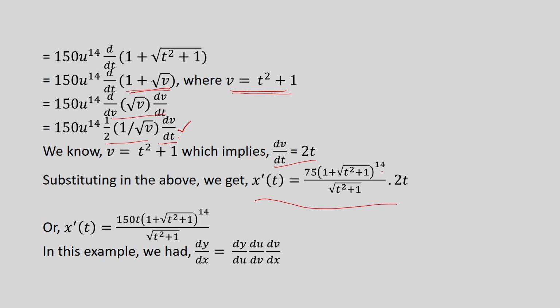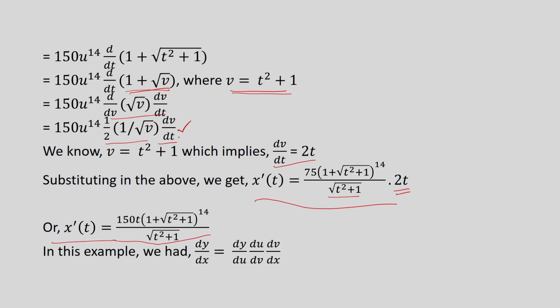So, u to the power 14 multiplied by 1 divided by root over v, multiplied by dv dt, which is 2t, and this can be written in this form, because 2 multiplied by 75 is 150 and I have taken t in front and the rest of the terms are the same. So, you have this to be our answer.